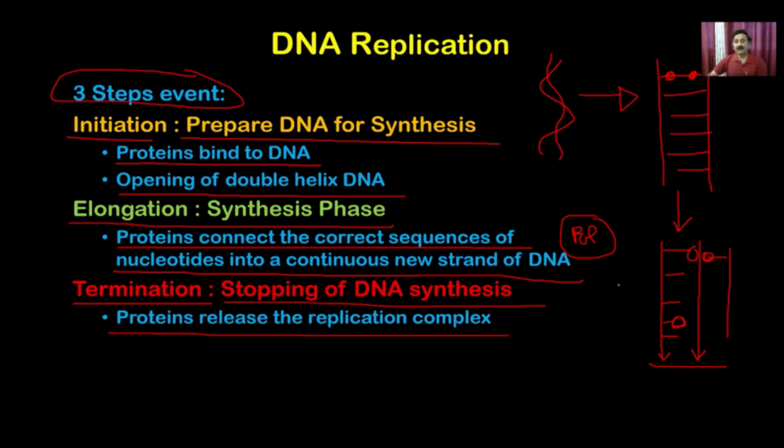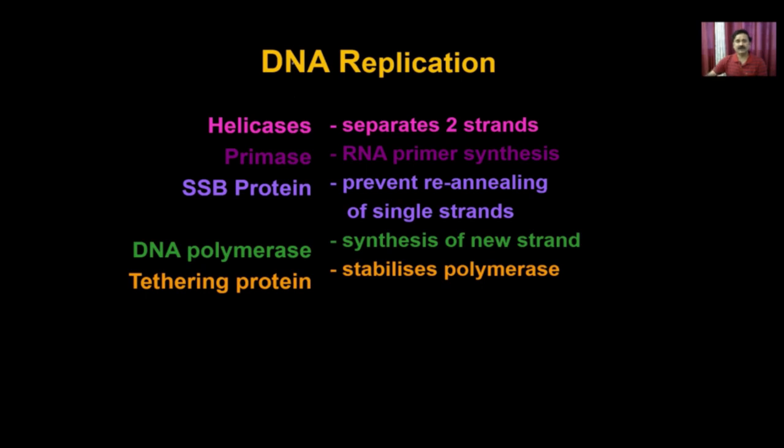So realizing this fact, the DNA polymerase is being used in the cell for DNA replication, which involves these three events. But if you see, the number of proteins responsible for this process is very huge. For example, the helicases, the primases, and the SSBs. These are the three proteins responsible for the first step, that is the initiation step.